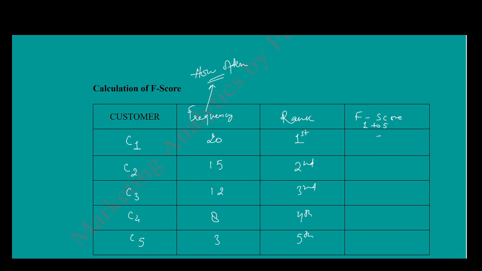And here I'll give a maximum score of 5, 4, then 3, 2 and 1. This is how I have given the F score based on how often or how frequent they were in coming back to that brand or to that store.